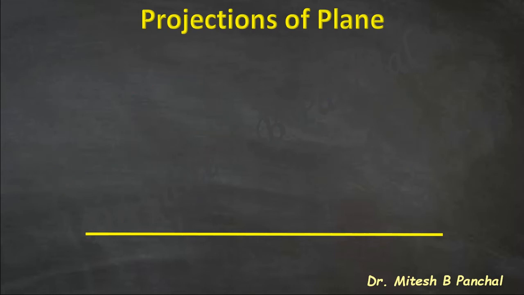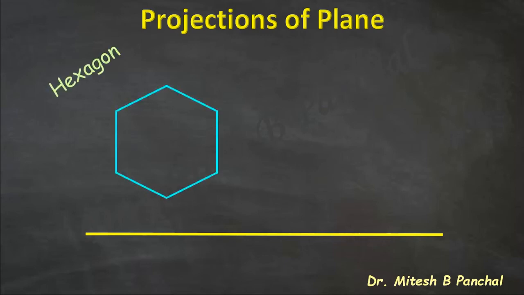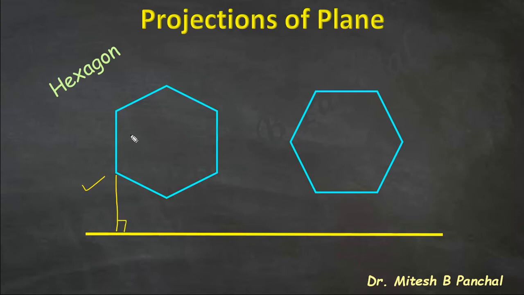Now we will consider the hexagon. For the hexagon, there are two possibilities. If you consider this orientation, then the edge is perpendicular to xy. So this case is considered when the hexagon is resting on an edge.